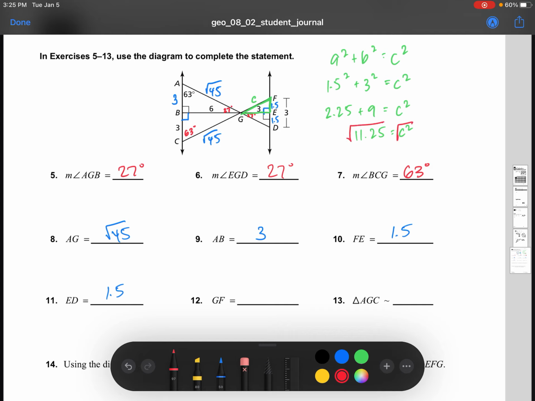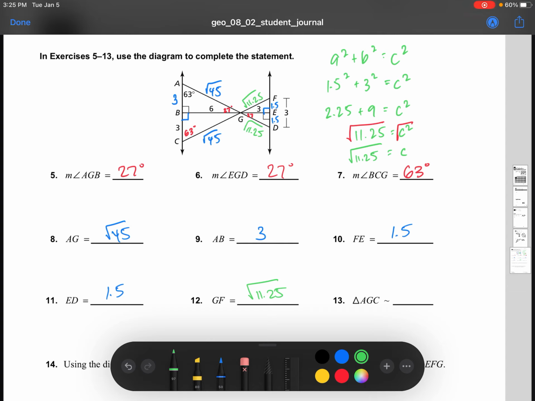And then of course we're going to square root both sides, so C is equal to the square root of 11.25. Not the prettiest of numbers, but that's okay. Let's go ahead and write square root 11.25 there.